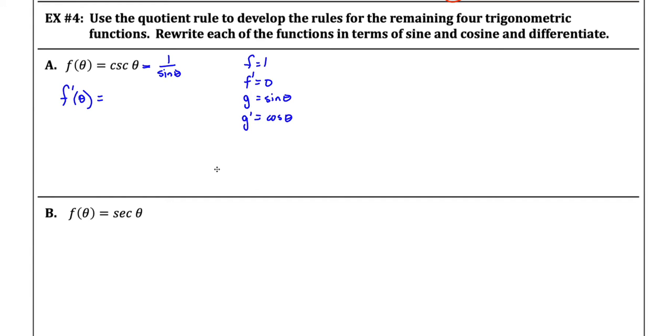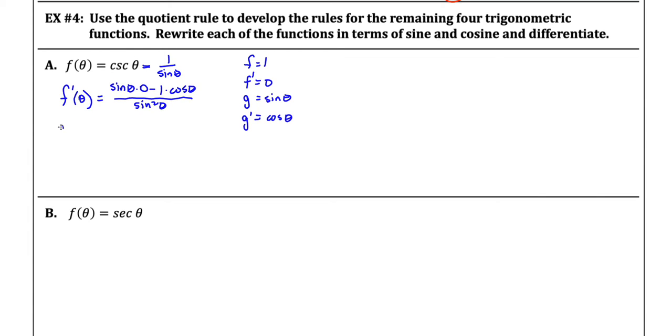The information is going to be pretty easy to put in there because half of it cancels out from that 0. So quotient rule would be g times f prime, which is 0, minus f, 1, g prime, cosine, over g squared.